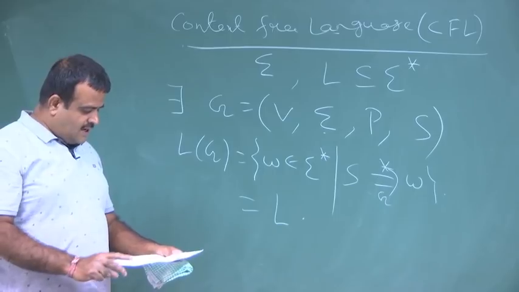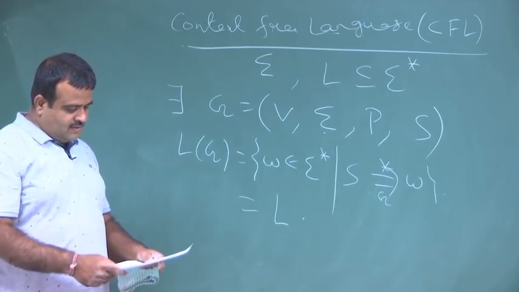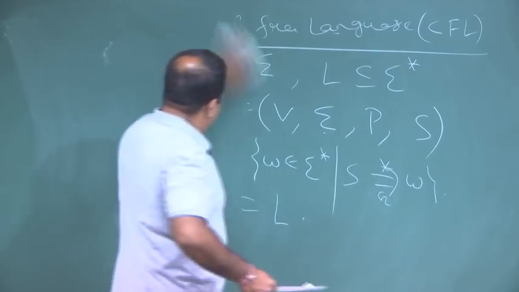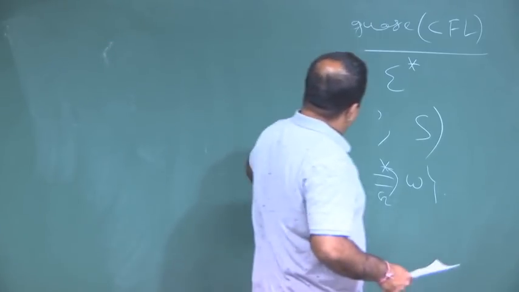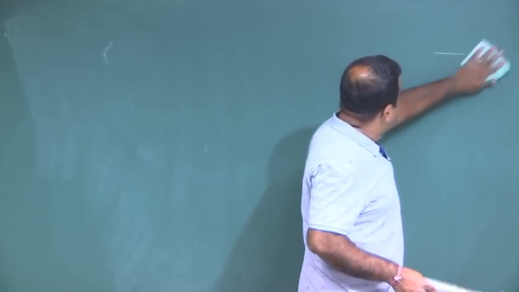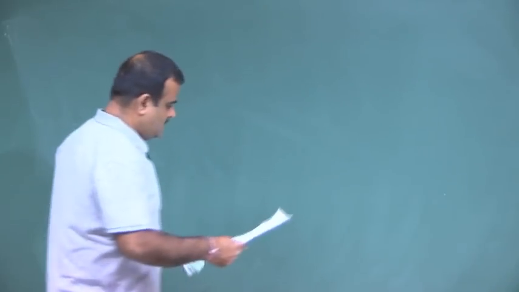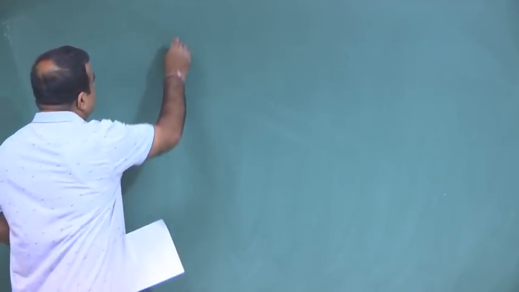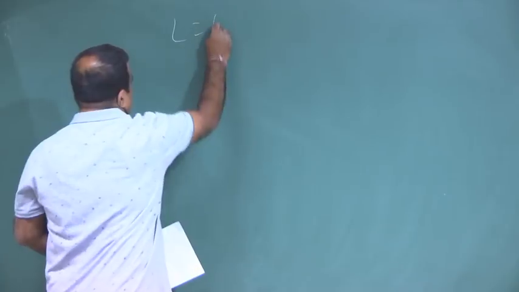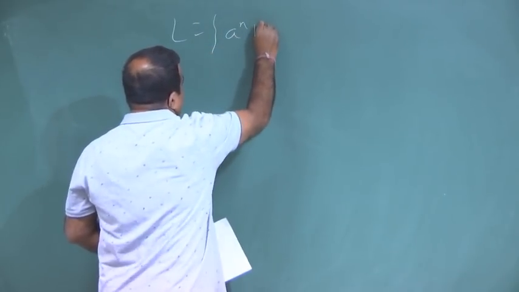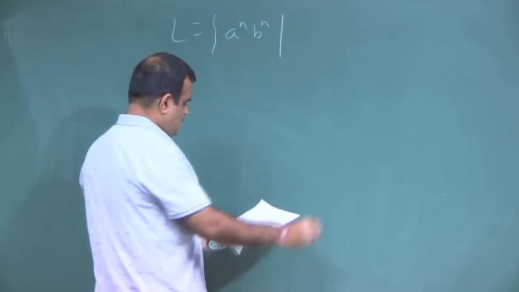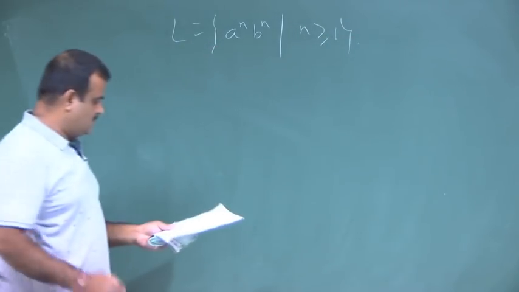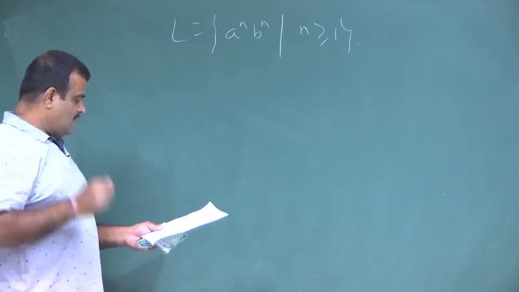Okay. That means just now we have seen the language like a to the power n, b to the power n, where n is greater than or equal to 1.